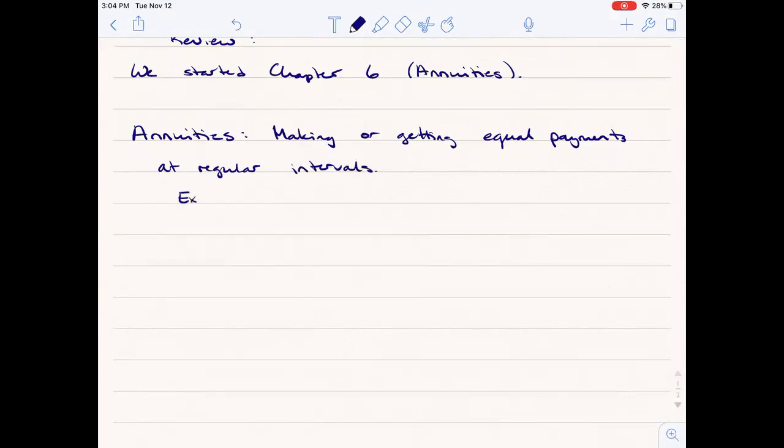So for example, most common examples are things like car payments, mortgage payments, and then on the flip side, if you get your pension, you retire and you get your pension, it's going to be some equal amount that you get every month, let's say, right? And so that's also an annuity.